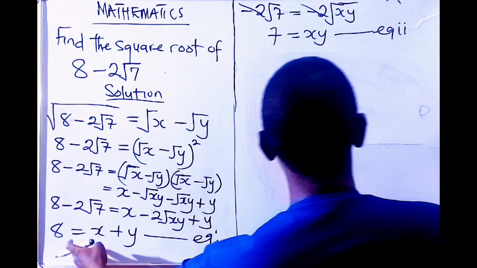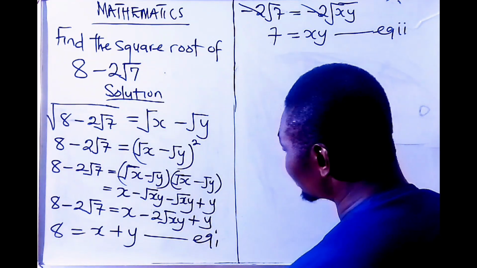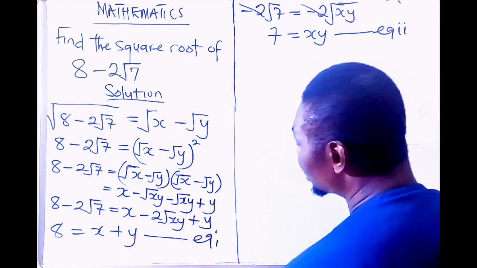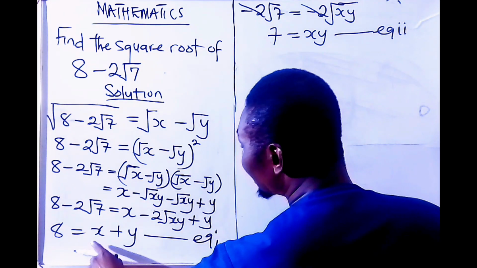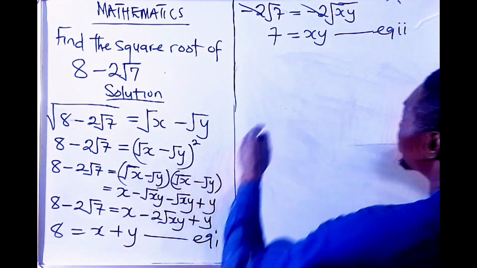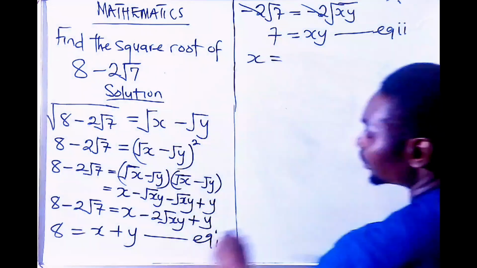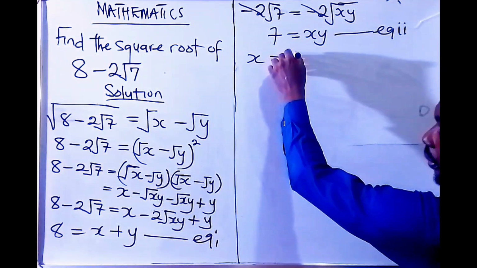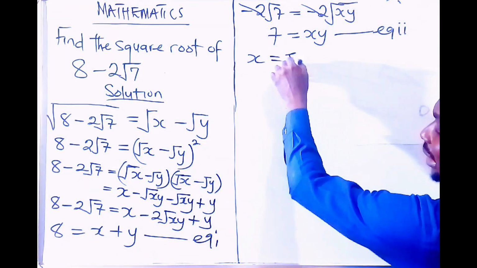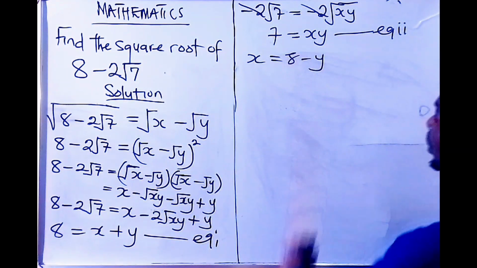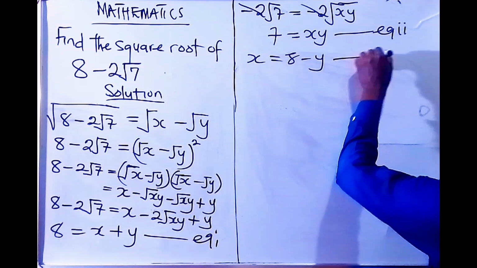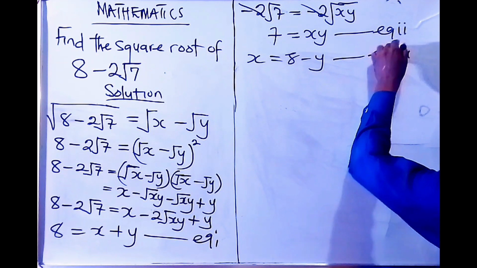Now we are going to solve equation 1 and equation 2 simultaneously. Solving it simultaneously, we can make x the subject of the formula. So x is 8 minus y. We can make it equation 3.